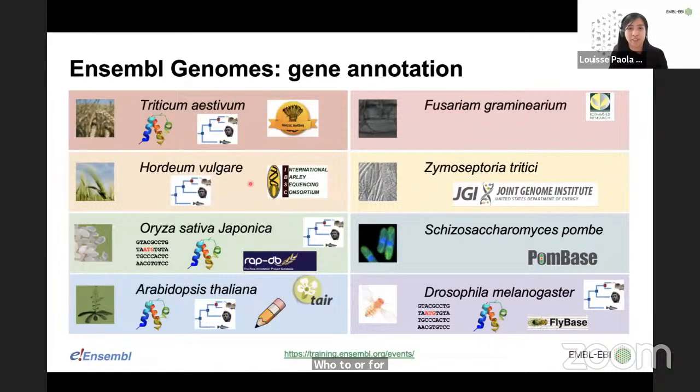For barley, this is provided by the International Barley Sequencing Consortium, and they infer the function of genes or annotation of genes using homology predictions and so on. So depending on the species, the gene annotation is provided by different institutes, and these different institutes can have different annotation pipelines to annotate the genes.